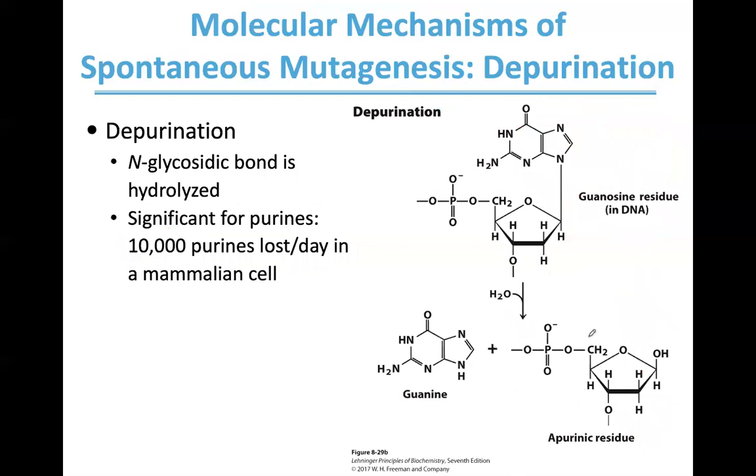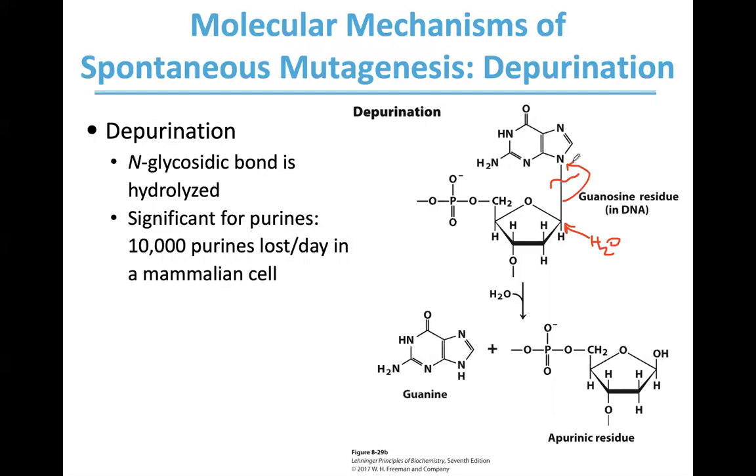Now there's also depurination. So we talked about this as well. I asked you when we talked about this glycosidic bond cleavage, right? So this bond can be hydrolyzed. So the water can come in and kick out the nitrogenous base.